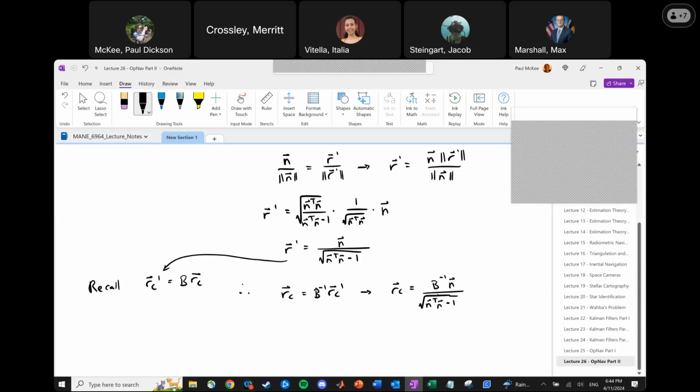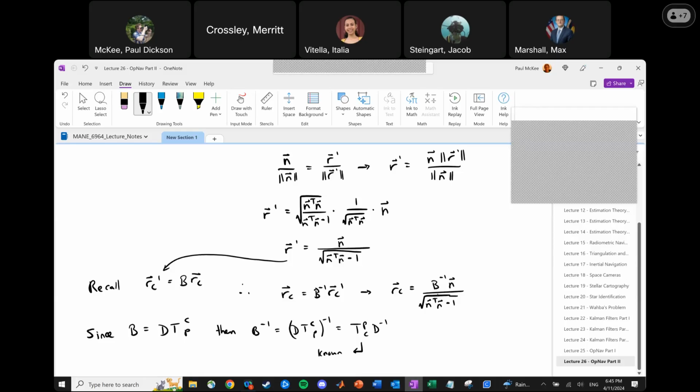All right. But then we also know that B is really D TCP. So TCP, the attitude transformation matrix from the camera frame to the principal axis frame, and then D is a modified form of the planet shape matrix. Then we know that B inverse is DTCP inverse, which is the same thing as TP to C D inverse, where TP to C is known, or we assume that it's known.